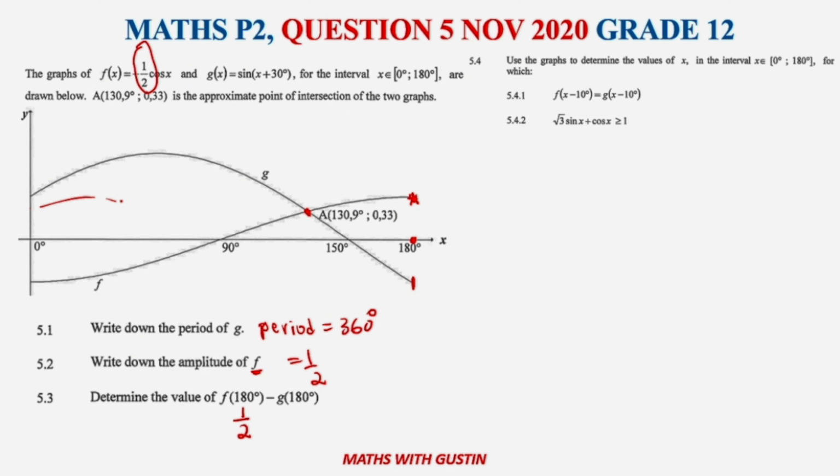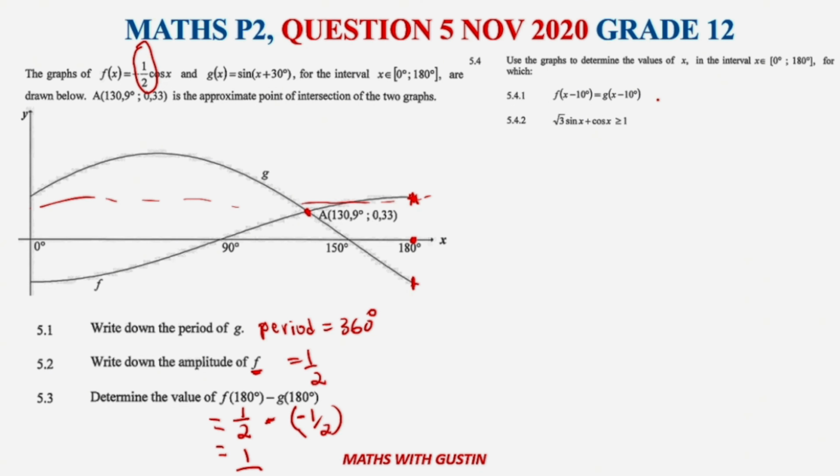And then for g here at the bottom, it's going to be negative half, because now it's at the bottom. So half minus negative half is going to give us 1. Okay, that's how we deal with that one.